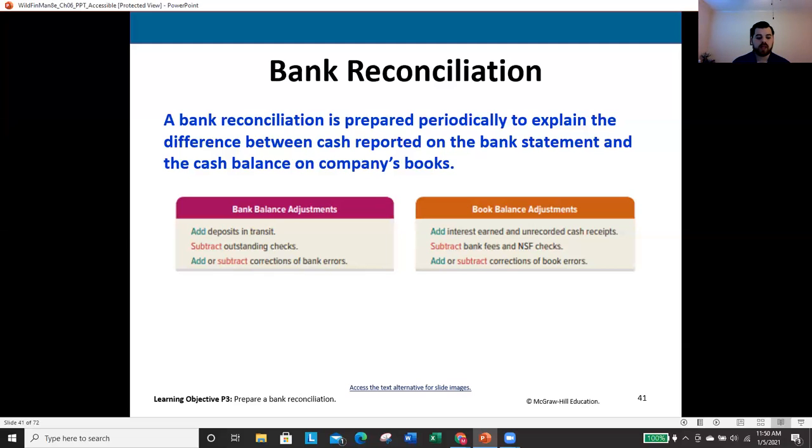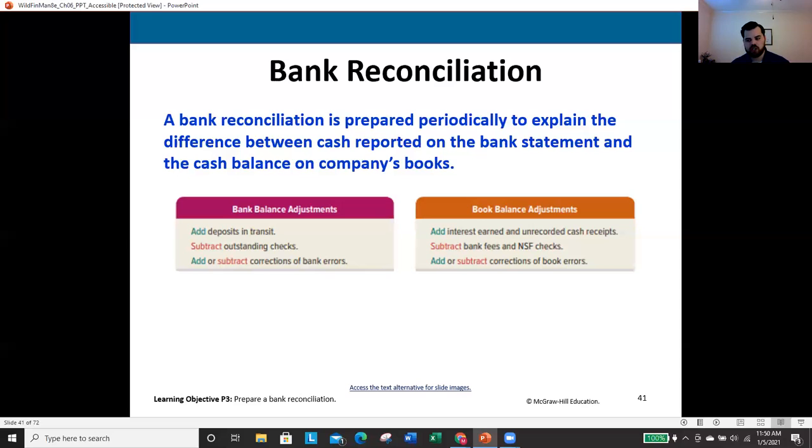Now, the things that are going to subtract from your book balance are things like bank fees. Maybe you had to have more checks printed, so they charged you a fee. Maybe you had less money than you agreed to have, so they charged you a low balance fee. Maybe you had an NSF check, a non-sufficient funds check, a customer's check bounced, so they charge you, right?